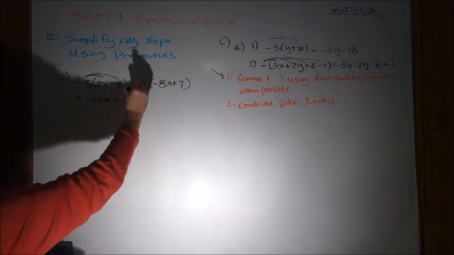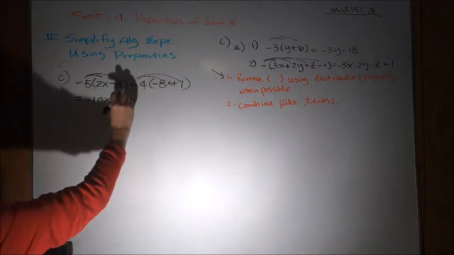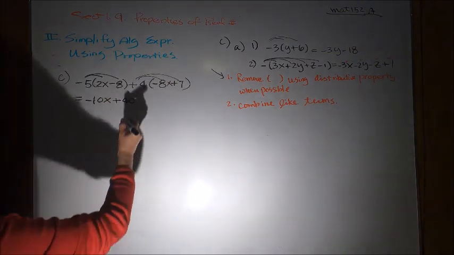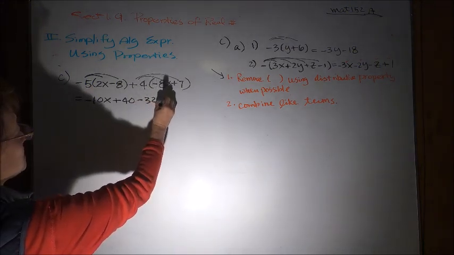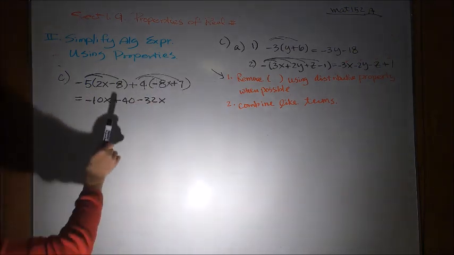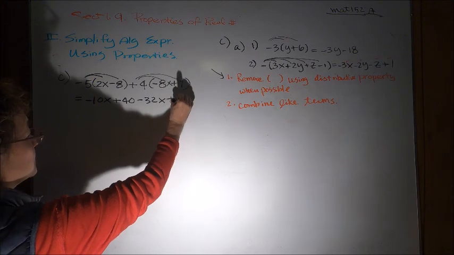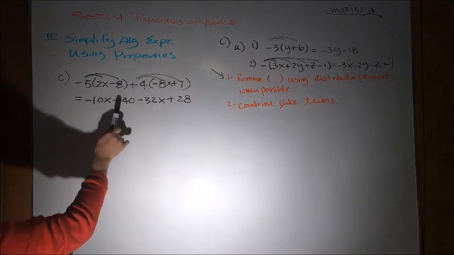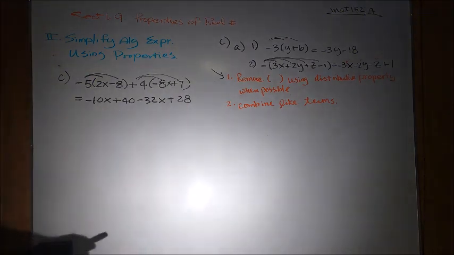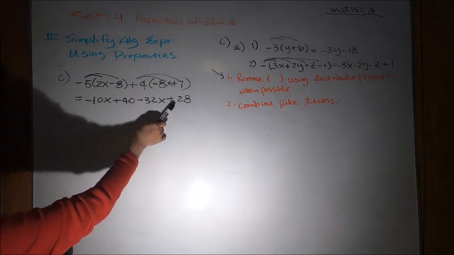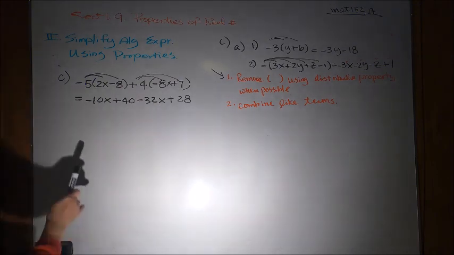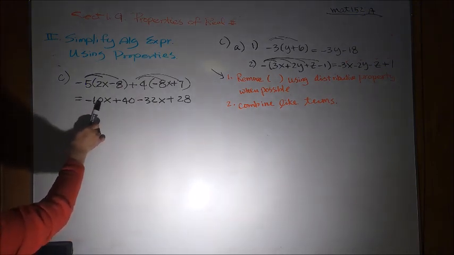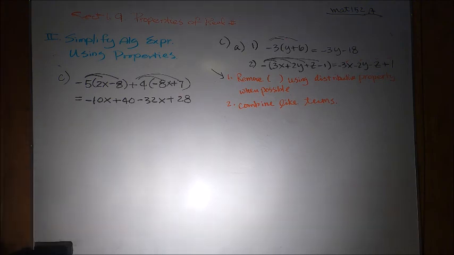And the next part, negative 4 times 8x, minus 32x. Negative 4 times negative 7, positive 28. So each term has a sign in front of it. The sign goes with the term behind it, okay?